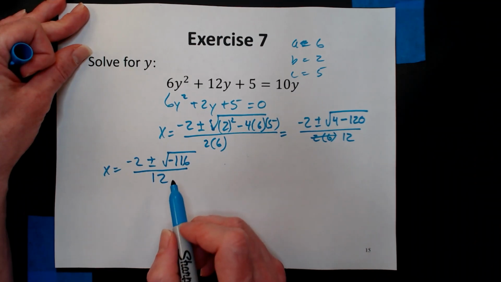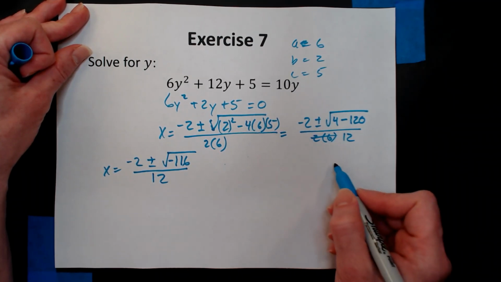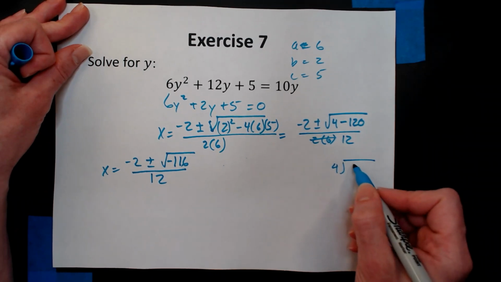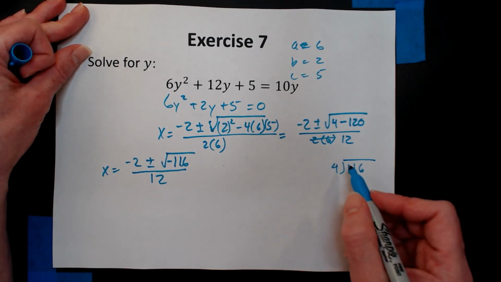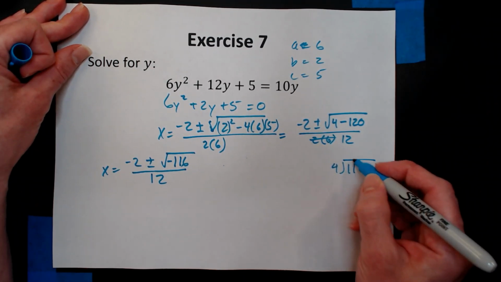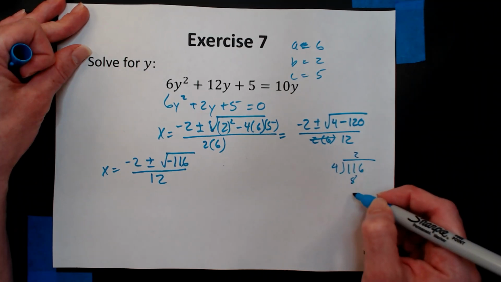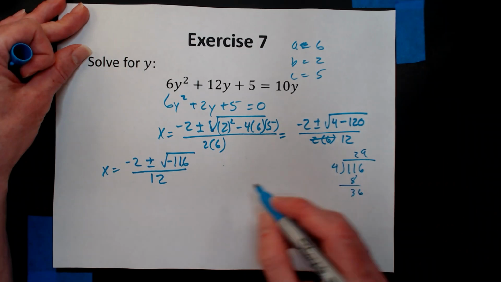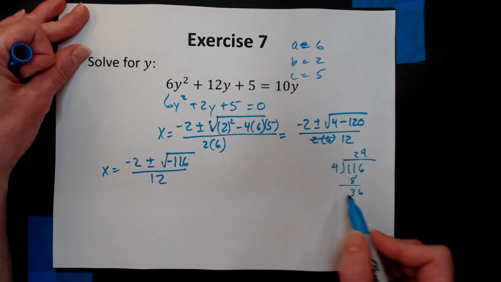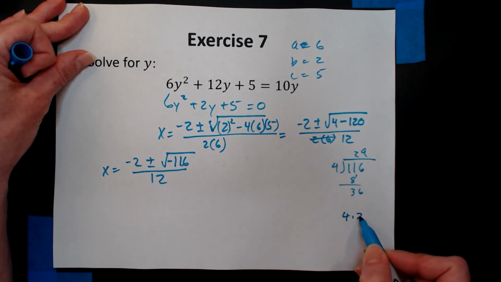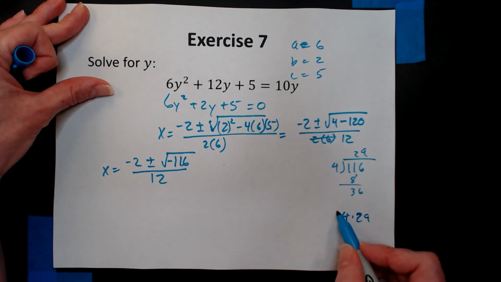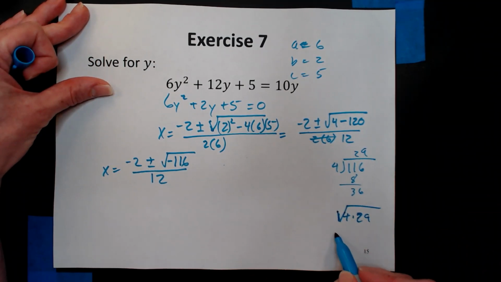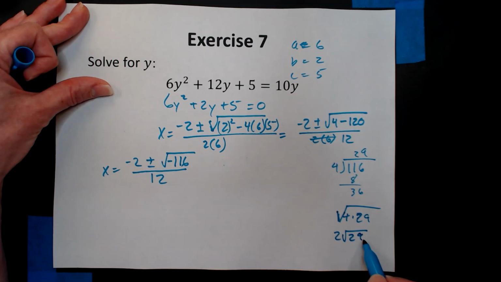Can we divide 4 into that? I'm going to say we can. I'm not worried about it being negative right now. 4 goes in there 29 times. So we're going to have 4 times 29, and we take the square root of that, and that's going to be 2 times the square root of 29.